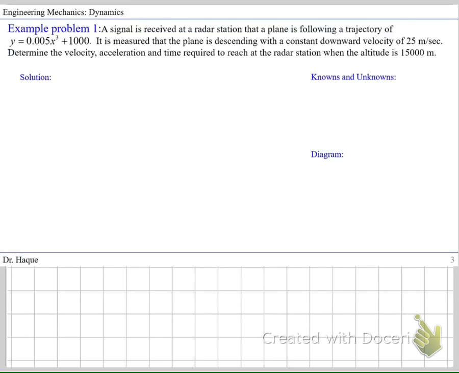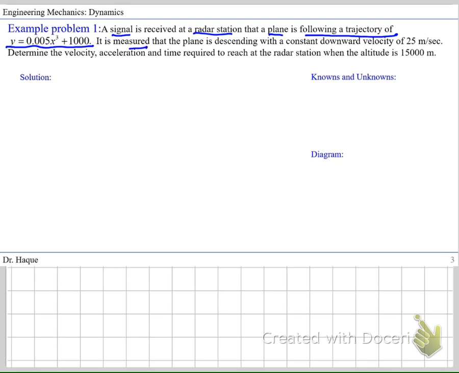The problem says a signal is received at a radar station that a plane is following a trajectory of y equals 0.005 x to the power cube plus 1000.